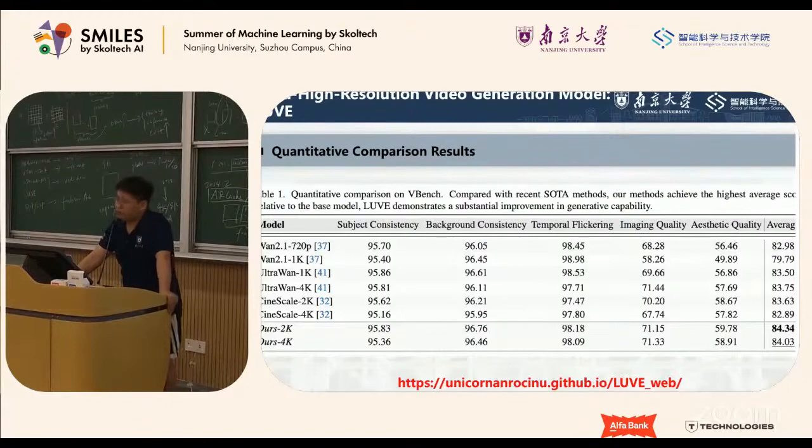The other way is human evaluation. Humans can easily judge which one contains more details. I think those are the common ways to evaluate the generated results.